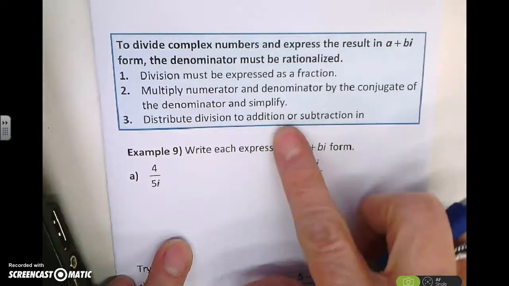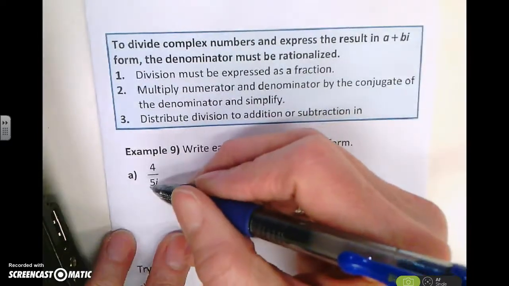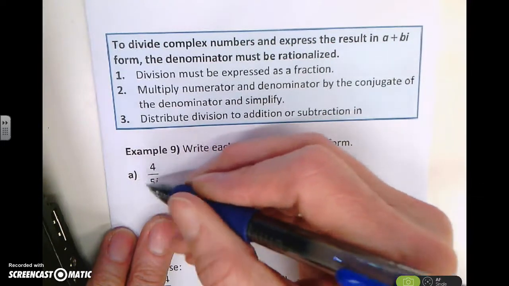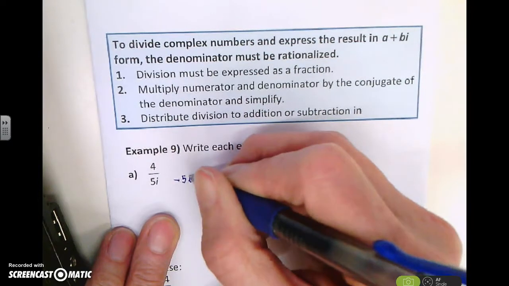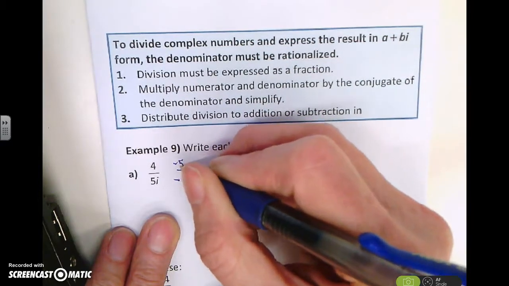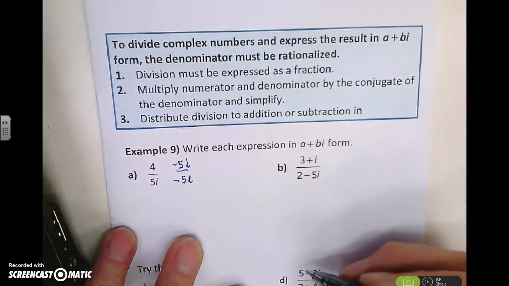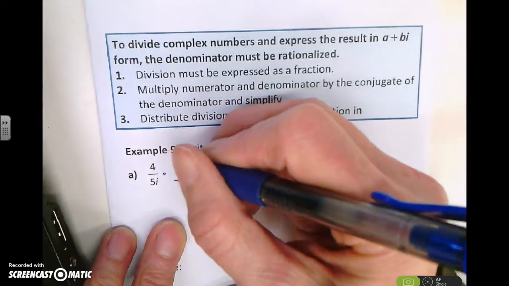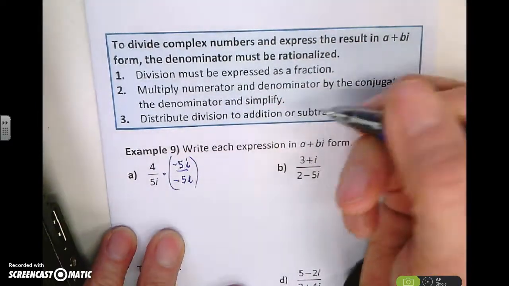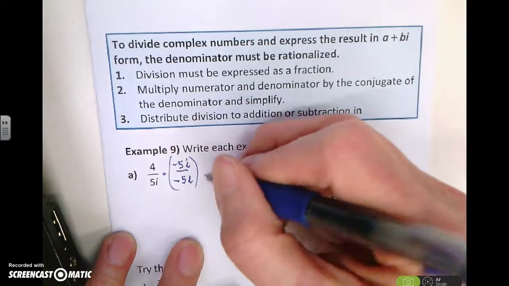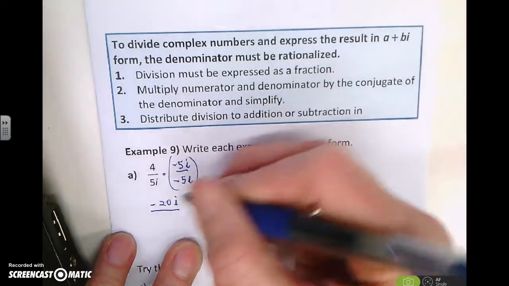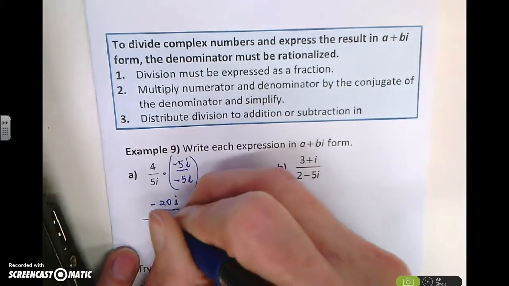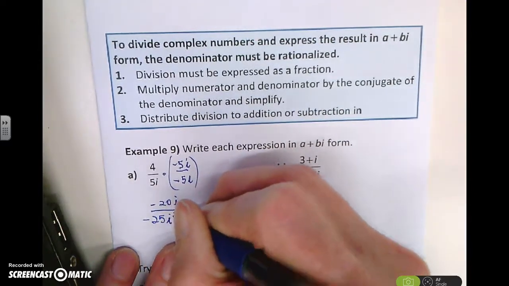So if we follow these steps, the conjugate of this, which is 0 + 5i, would be minus 5i. So if I multiply it by a minus 5i over a minus 5i, so this is our clever one, we're going to get a negative 20i divided by a negative 25i squared.